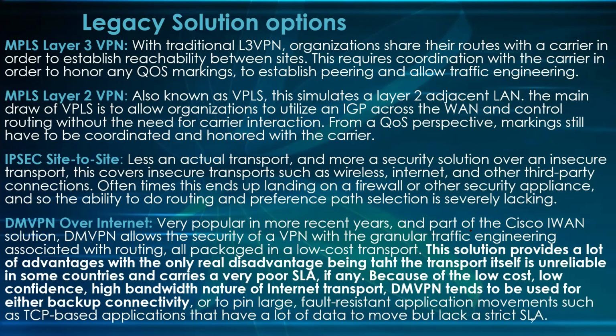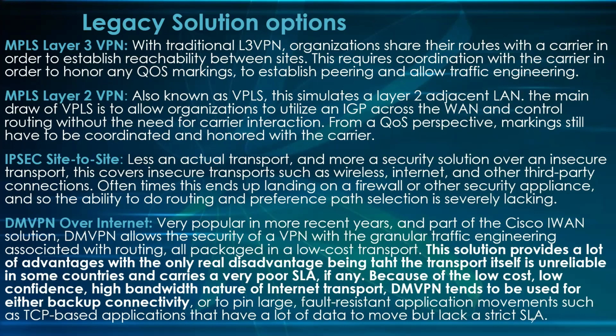So the first thing is that with the layer 2 VPN, you can avoid sharing your routing with your service provider. You can do the traffic engineering, but the problem is that your QoS still has to be worked out in alignment with the service provider. IPsec doesn't provide you dynamic routing and all those things.